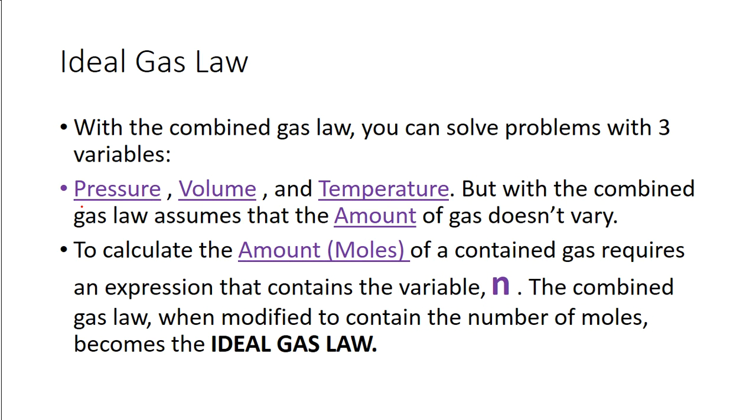So the ideal gas law, when we were using the combined gas law, you can solve problems with 3 variables, pressure, volume, and temperature, but you never had to deal with the amount of the gas. That amount did not vary. In fact, we said that P1 V1 over T1 is equal to a constant when the amount is constant. Well, now we want to enter the amount.